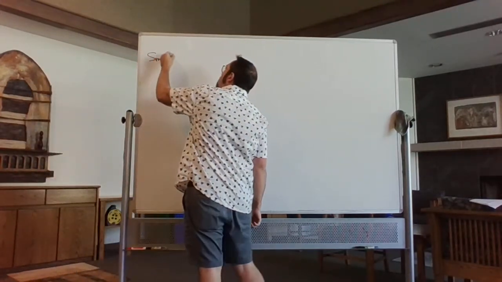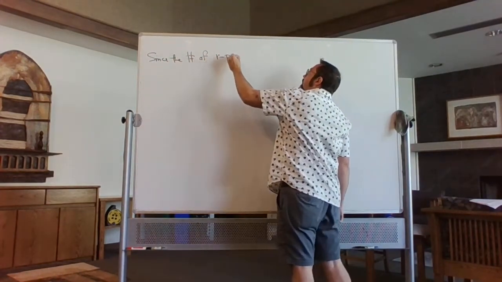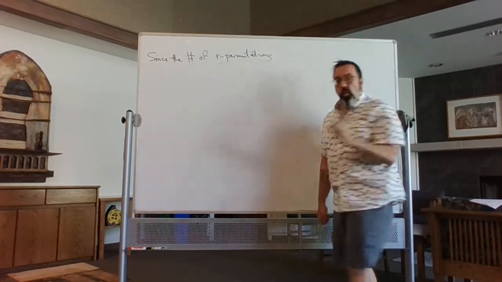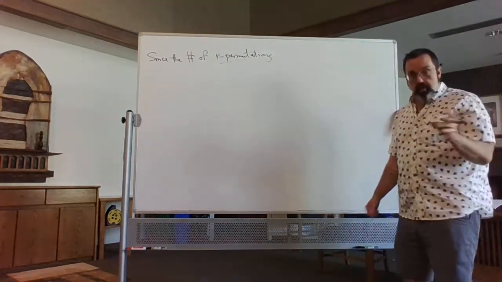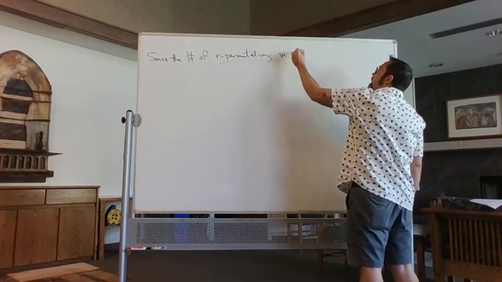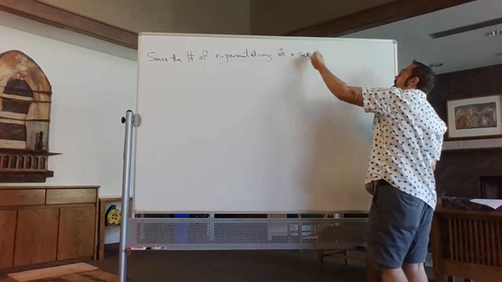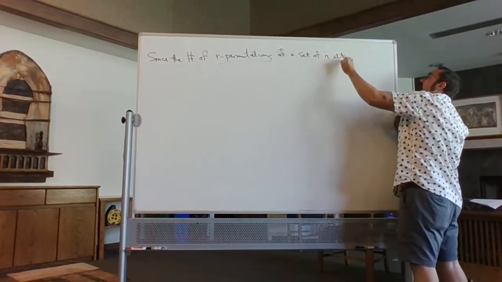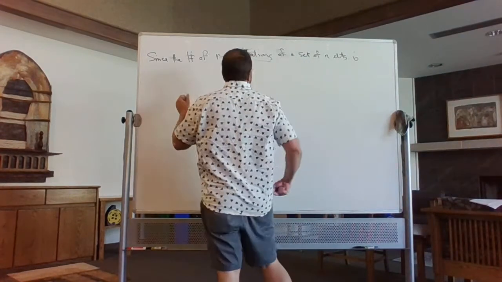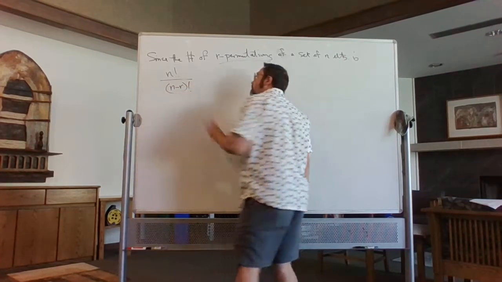Since the number of R permutations, remember this is ordered lists, the number of ordered lists of size R in a set of n elements is, and we talked about this formula the other day, n factorial divided by n minus r factorial.